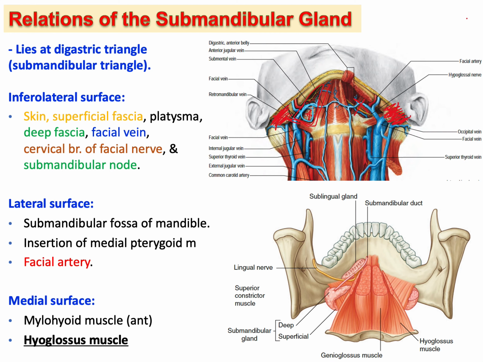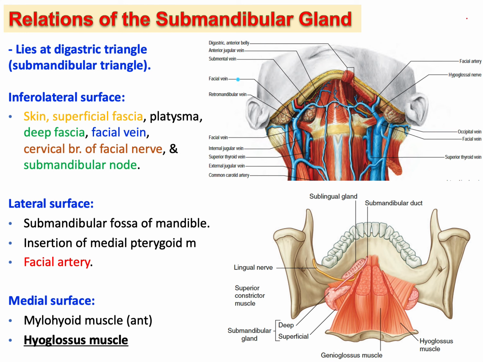Now, important relations, guys, to the submandibular gland. First of all, look at it here. There is skin. Deep to the skin, there is a thin fatty layer, which is the superficial fascia, this one. And of course, it extends down, guys, right? But I'm trying to show you the relations of that gland.